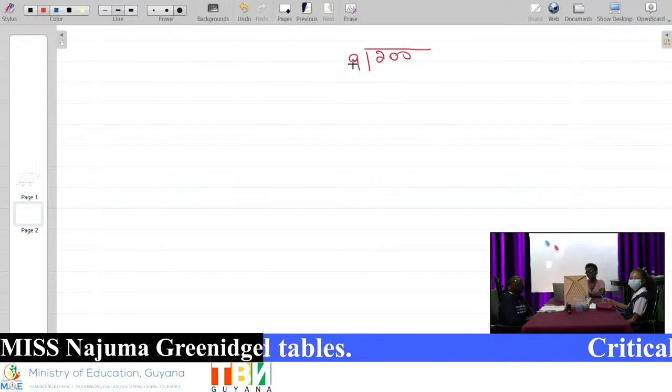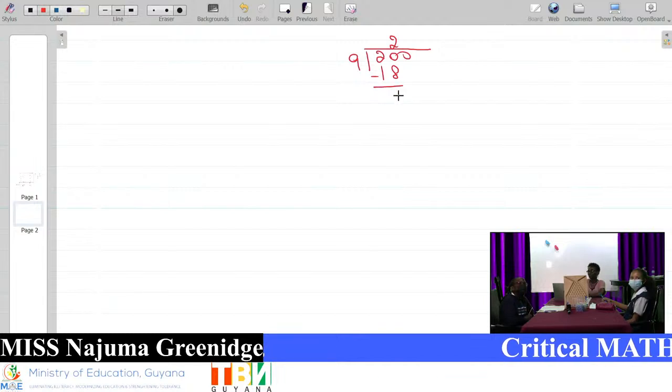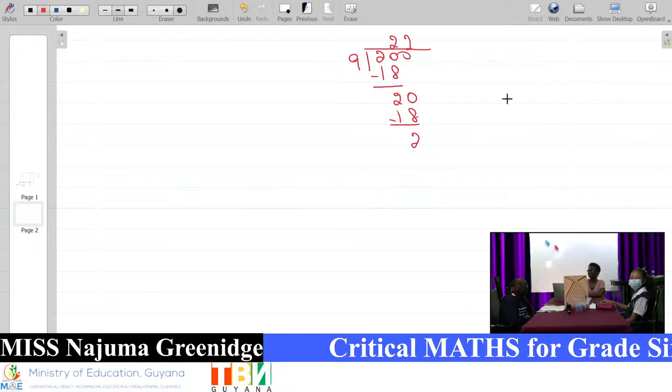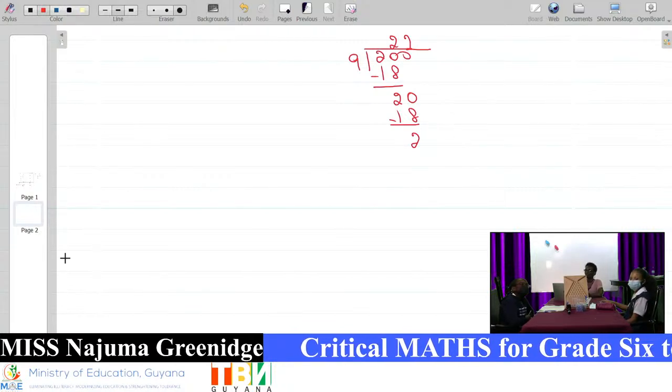9 into 20. 2. 9 twos are 18. What's remaining? 2. Bring down the 0. 9 into 20, 2, 18, and 2 remaining. Notice we would keep having a 0 to bring down all the time.